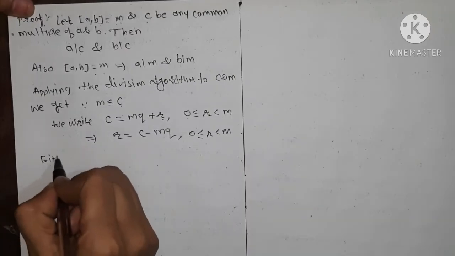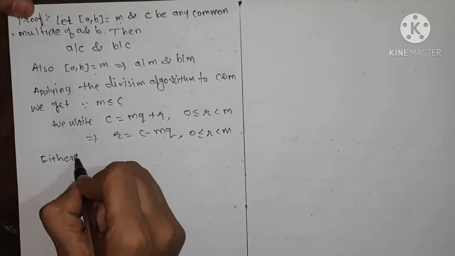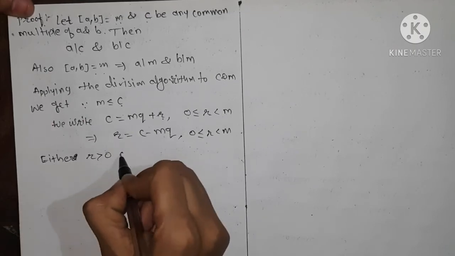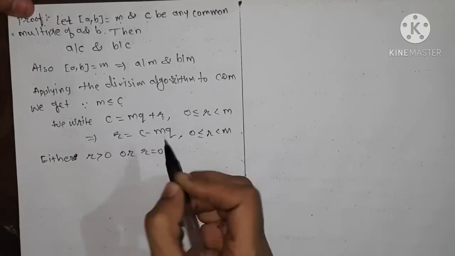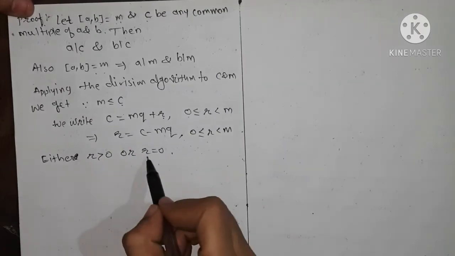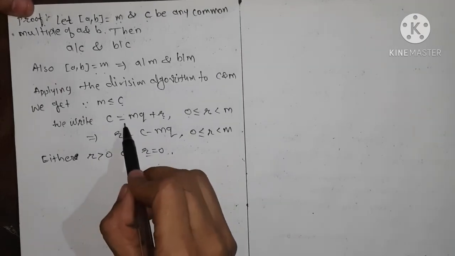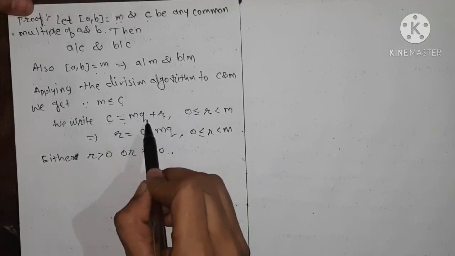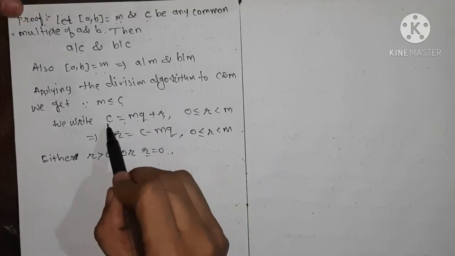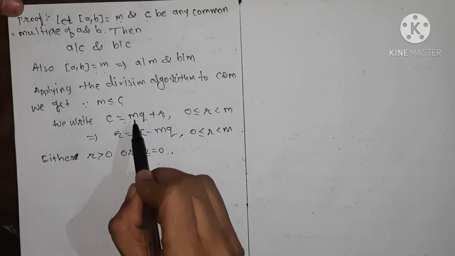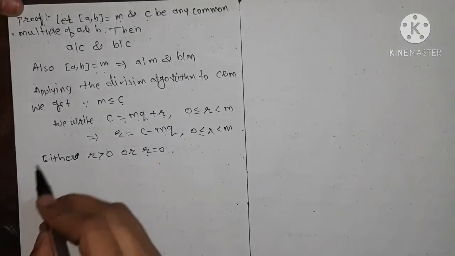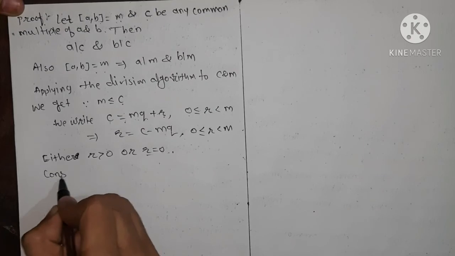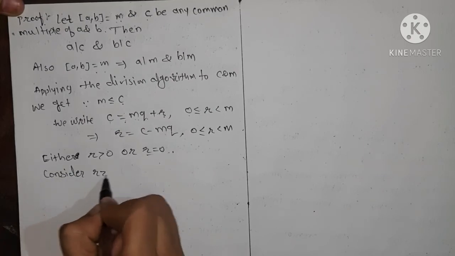Now either r is greater than 0 or r equals 0. If r equals 0, then we are done, because c equals m times q. That is, c is a multiple of the LCM m. So we consider r greater than 0.